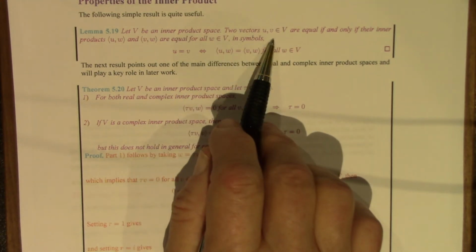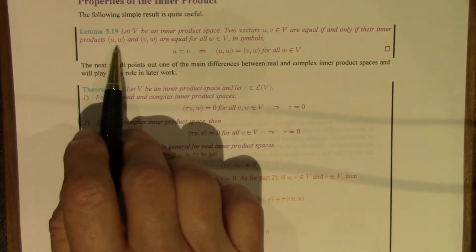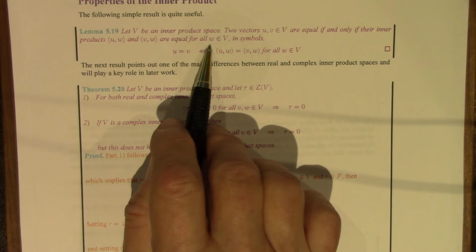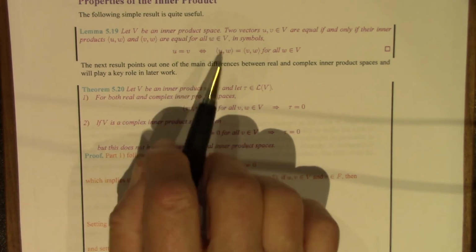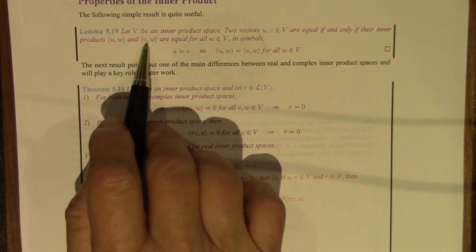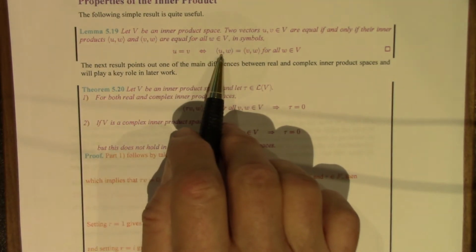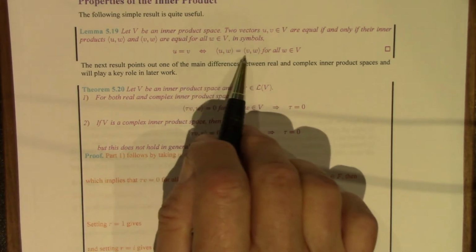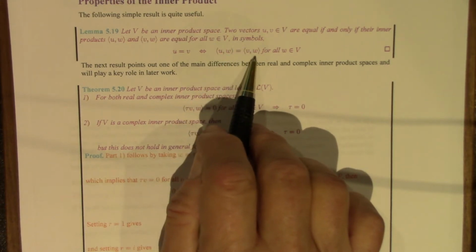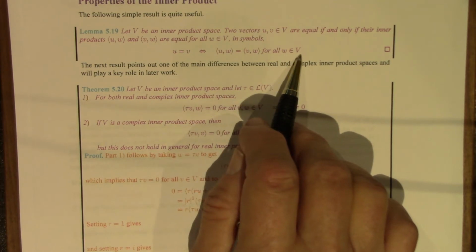Two vectors u and v in V are equal if and only if their inner products with all other vectors are equal. So u equals v if and only if the inner product of u and w equals the inner product of v and w for all w in the vector space.